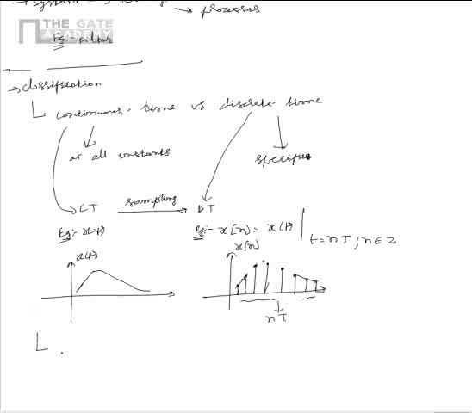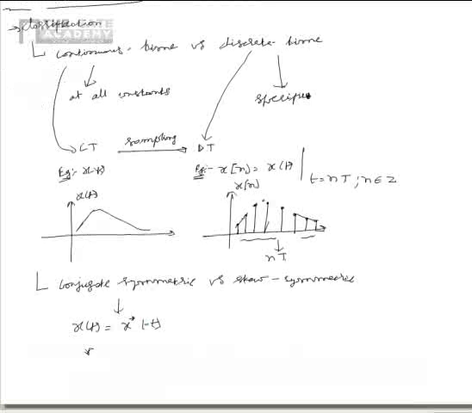Similarly, another classification of the signals is conjugate symmetric versus skew symmetric signals. A signal is defined as conjugate symmetric if x of t is equal to x star of minus t, where the star operation is conjugation.